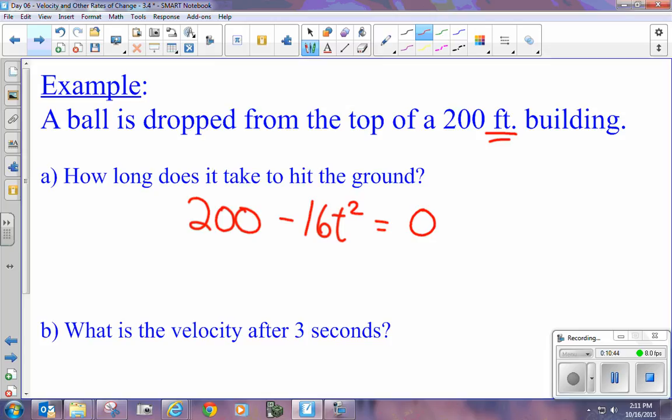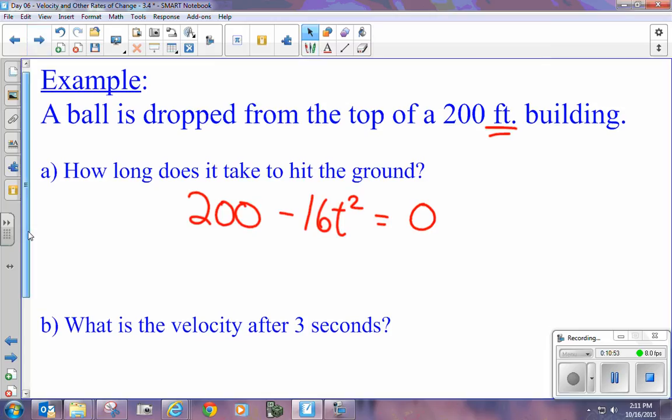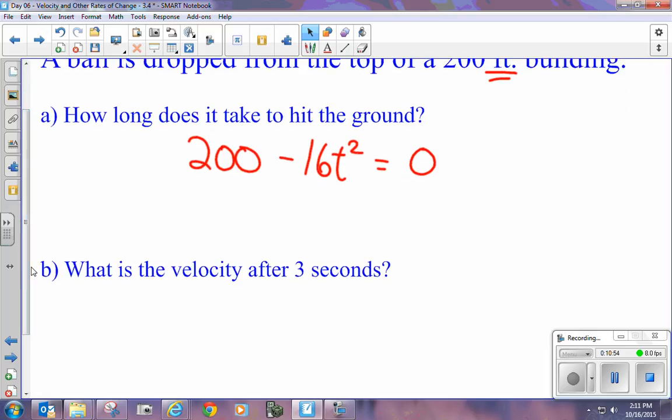So, how do I solve for t? Because they want to know how long it takes. I could factor it, but since there's one variable here, t, I can isolate and solve it as one variable, which is what I would do. So, I'm going to add 16t squared to both sides.